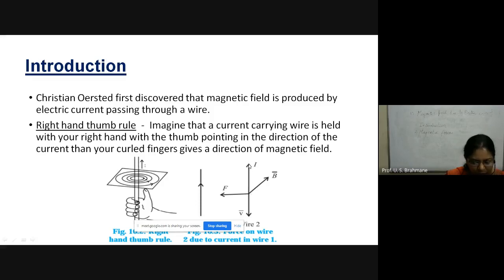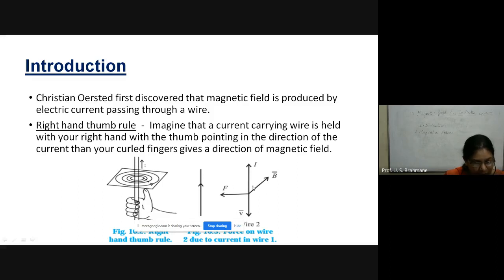This is for the second conductor. Because of this conducting wire and this magnetic field B, a force is exerted, and that is towards the first wire. So this force we are going to study today.